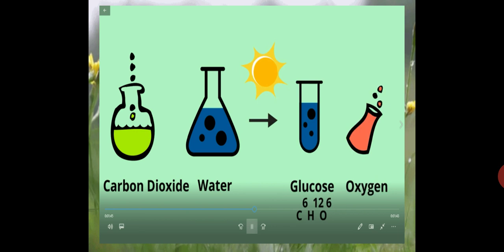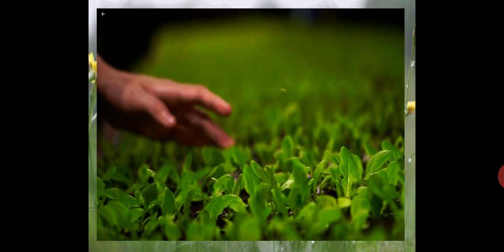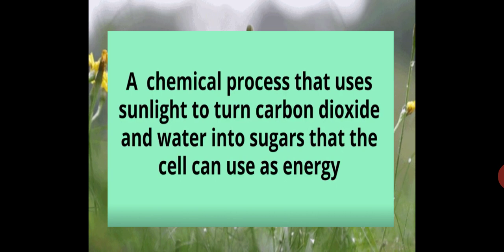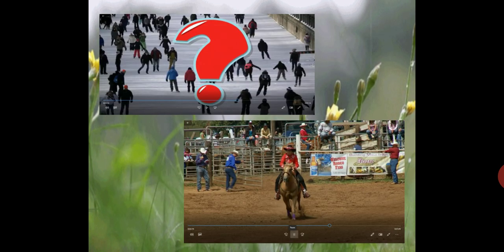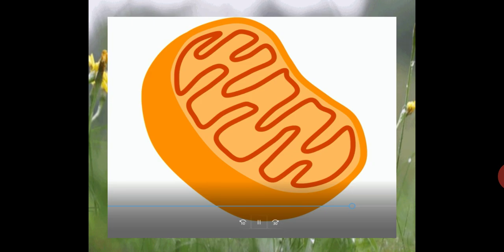Sugar created in the chemical reaction, called photosynthesis, is used by the plant to create energy. You could define photosynthesis as the process by which plants and other items make food. It is a chemical process that uses sunlight to turn carbon dioxide and water into sugars that the cell can use as energy. Now, why is cellular respiration important? It's important because living organisms, including plants, generate energy for their daily activities using cellular respiration. Cellular respiration takes place at the mitochondria. Think of the mitochondria as the power plant for cells, similar to how cells use power plants for their energy.